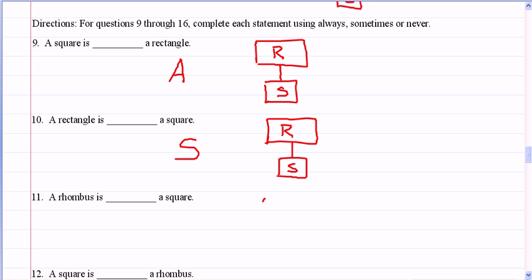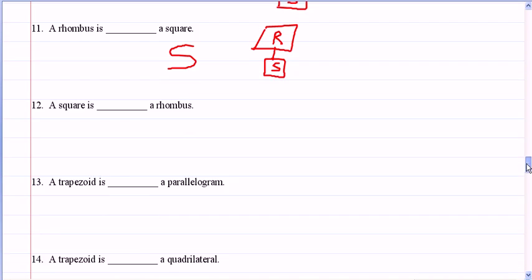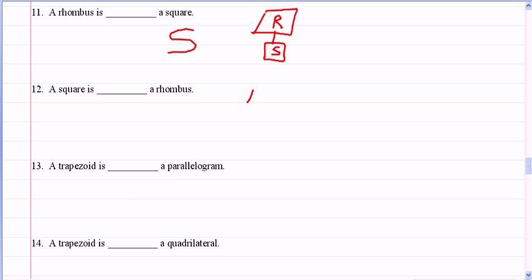For 11, comparing a rhombus and a square, the square is underneath the rhombus, and for the same reason as number 10, a rhombus is only a square when it has 4 right angles. So this is only sometimes true. But when we reverse it, rhombus is always on top and a square is on the bottom.